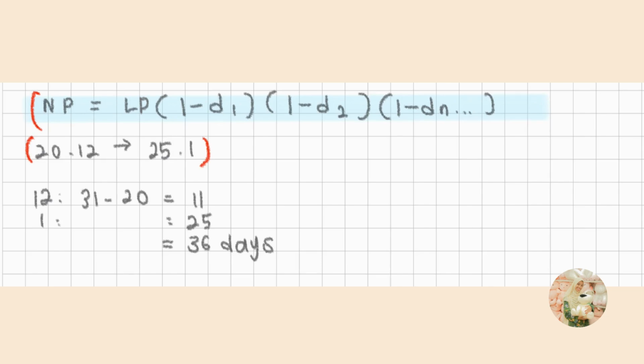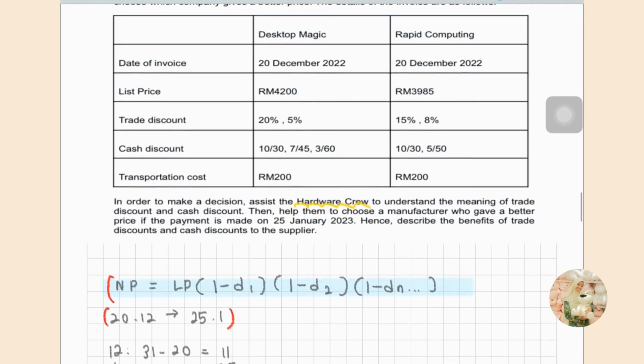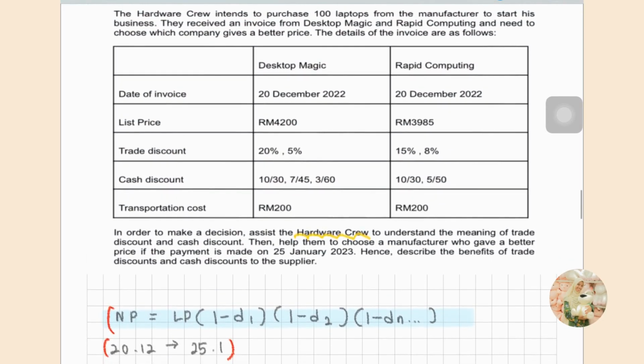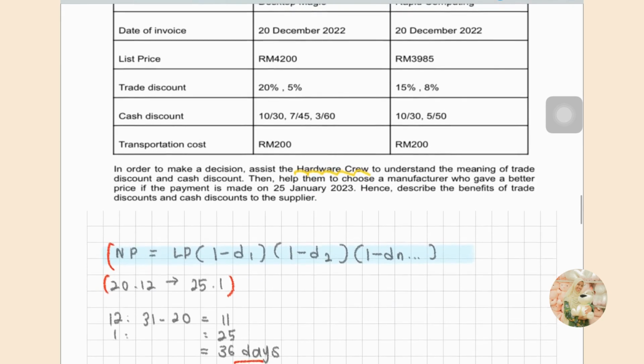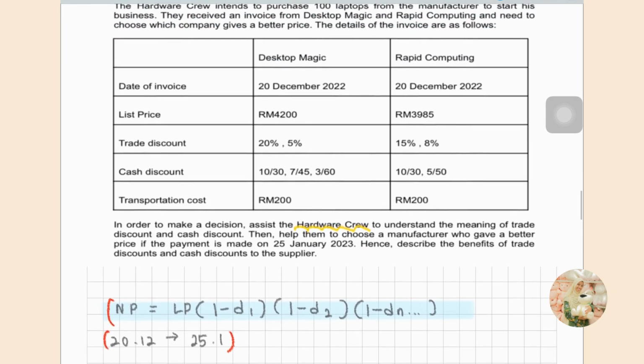So after that, we get 36 days. We look at the table given. For 36 days, Desktop Magic gives 7% discount, while Rapid Computing gives 5% discount.